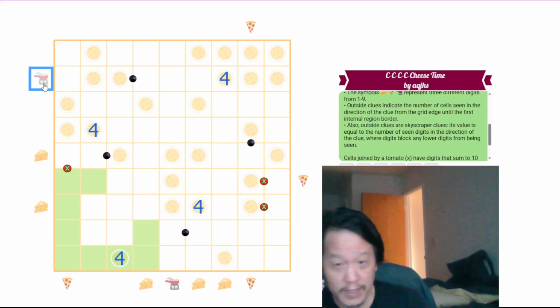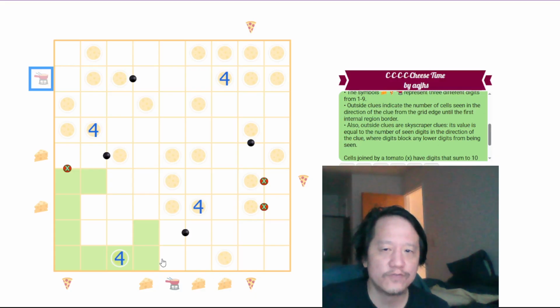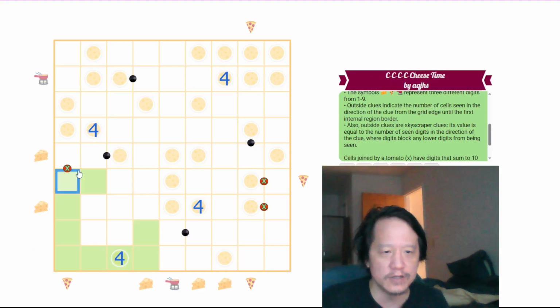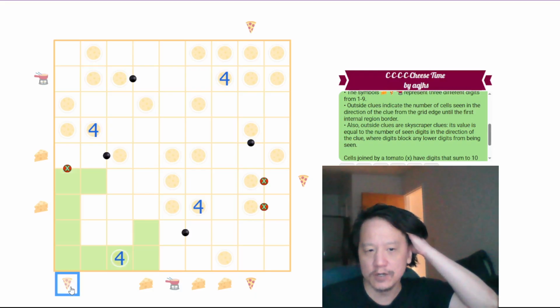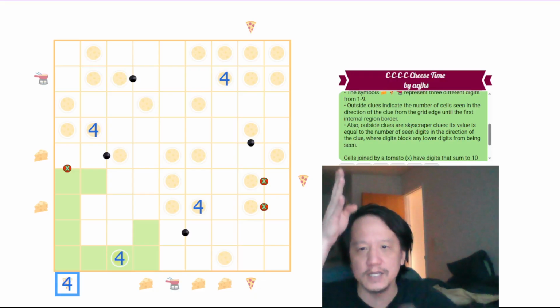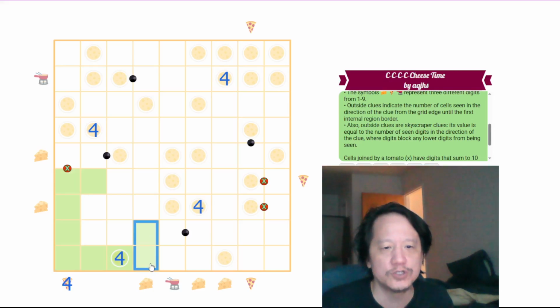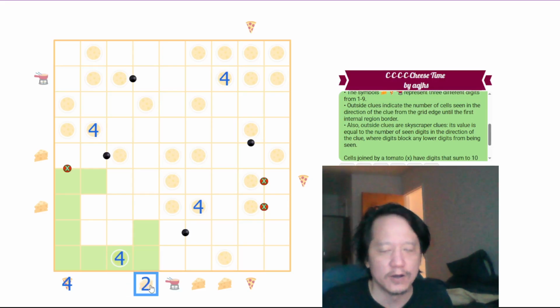Outside clues indicate the number of cells seen in the direction of the clue from the grid edge until the first internal region border. So, for example, if this were a valid region here, then this cheese slice would have to be 4, because that's the number of cells seen in that direction until the first internal region border. And the cheese wedge would be 2, because that's the number of digits seen in that direction.